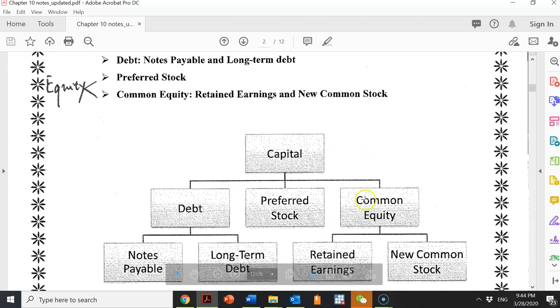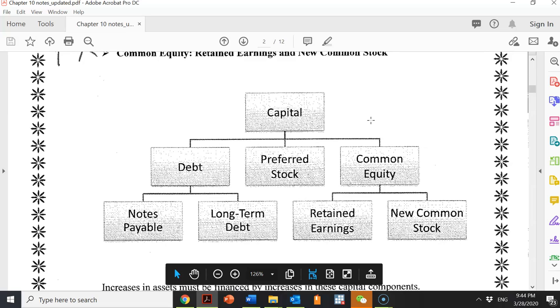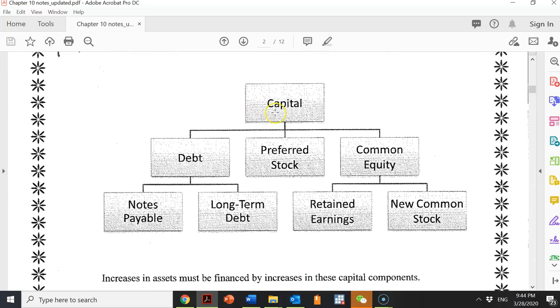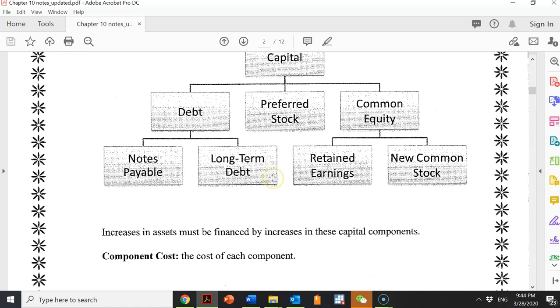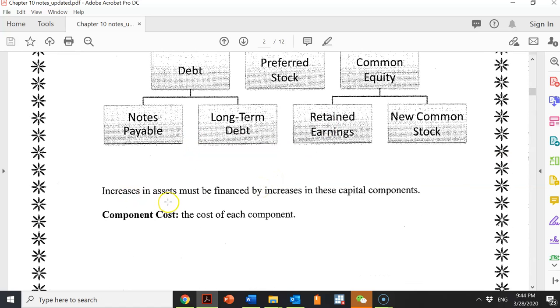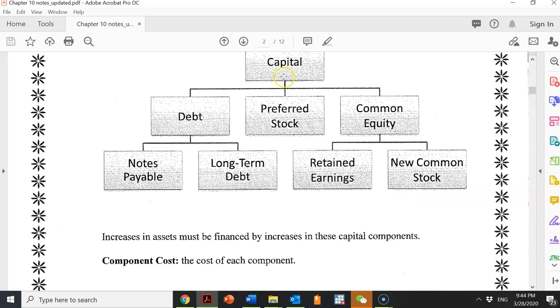This graph here shows us the structure of the three capital components and the subgroups. Increases in assets must be financed by increases in these capital components. So these are the ways of raising capital.